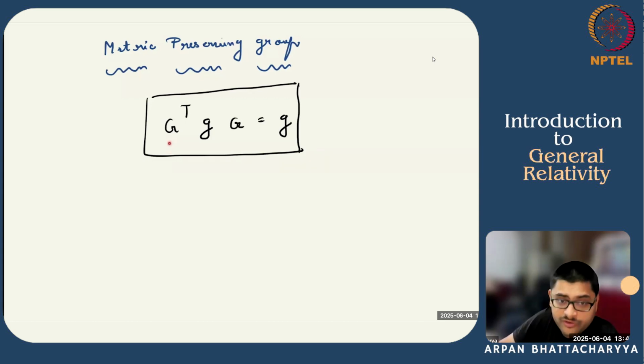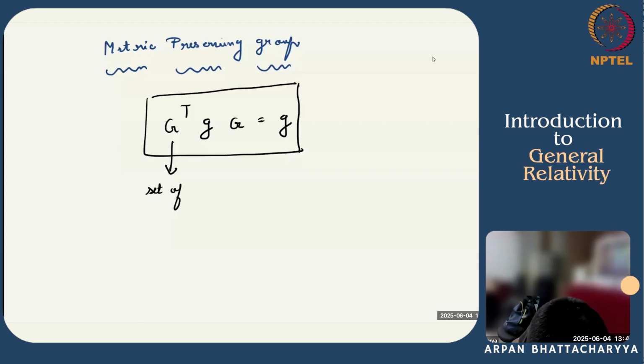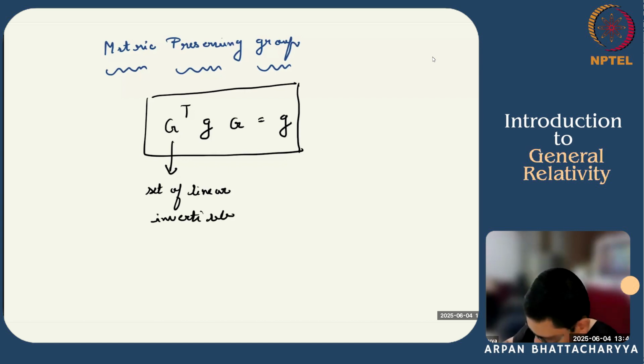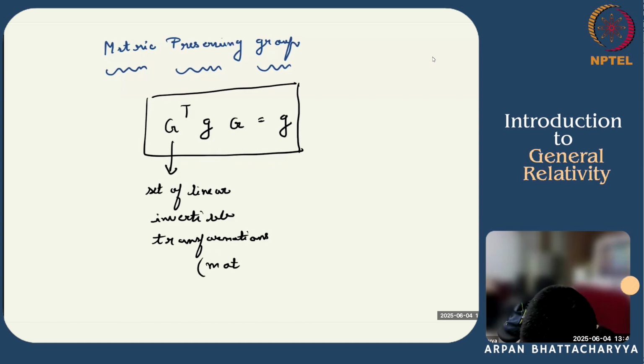These are the set of linear invertible transformations or matrices which keep the matrix g invariant.